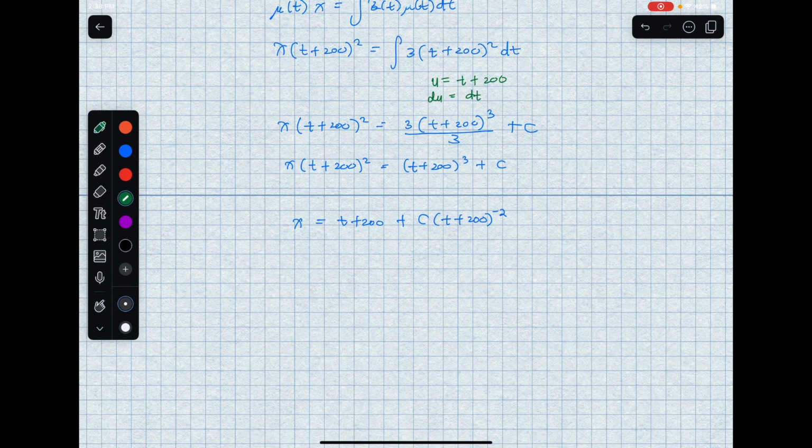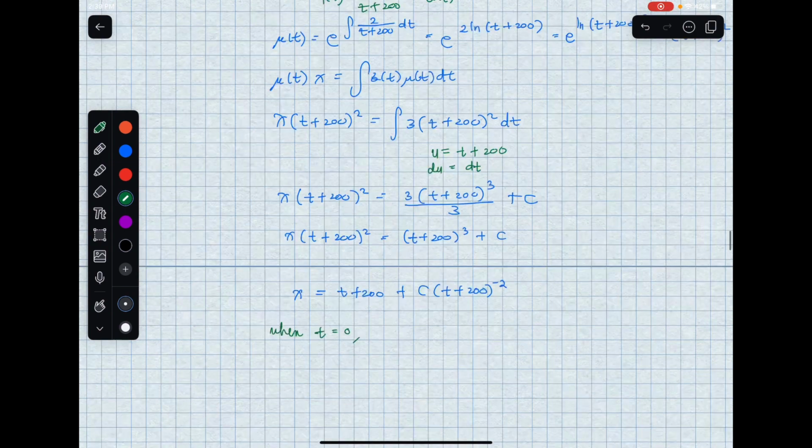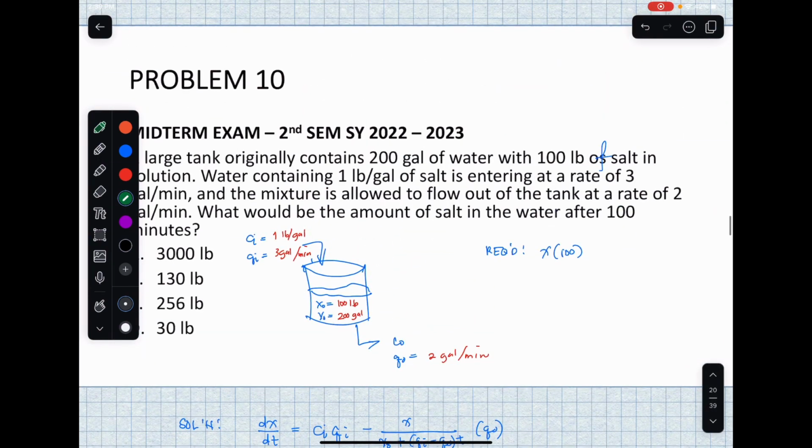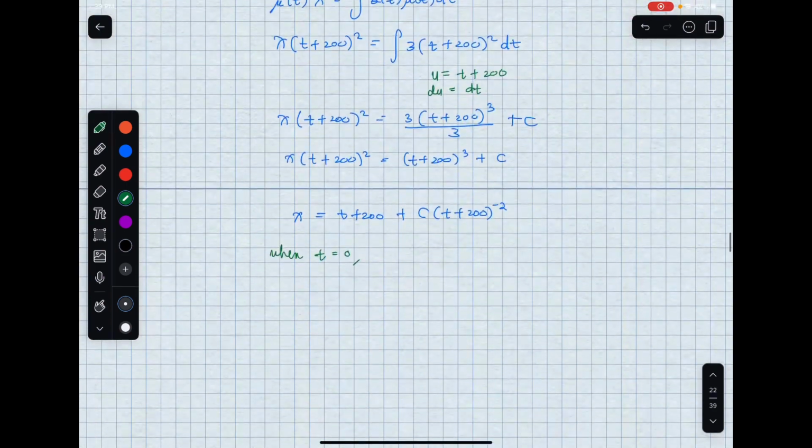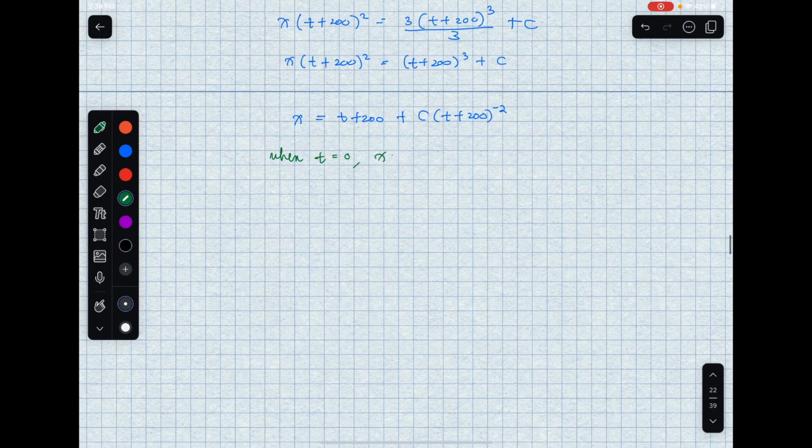And initially, when time is equal to 0, there's 100 pounds of salt, so x is 100. So if x is 100, initially 0 plus 200, then plus c times 0 plus 200 raised to negative 2.